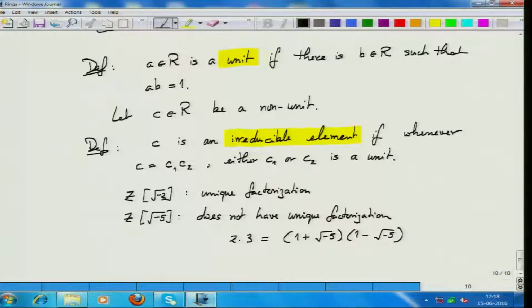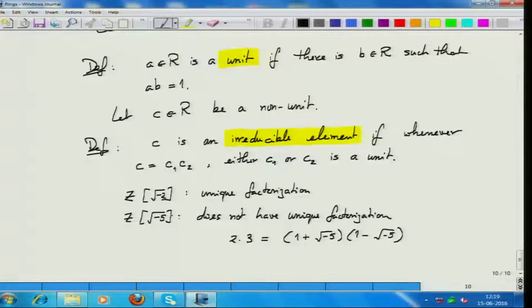What Kummer said was that that is because there are some other numbers into which these numbers factor, but those numbers are not present in this ring, Z[√-5].